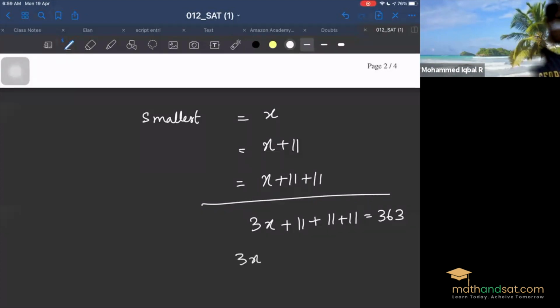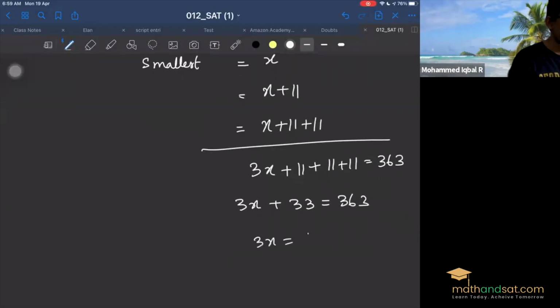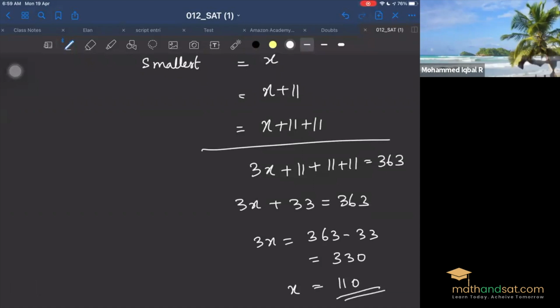So your 3x plus 33 comes out as 363. Your 3x comes out as 363 minus 33, which is 330. Your x comes out as 110. 110 will be the answer.